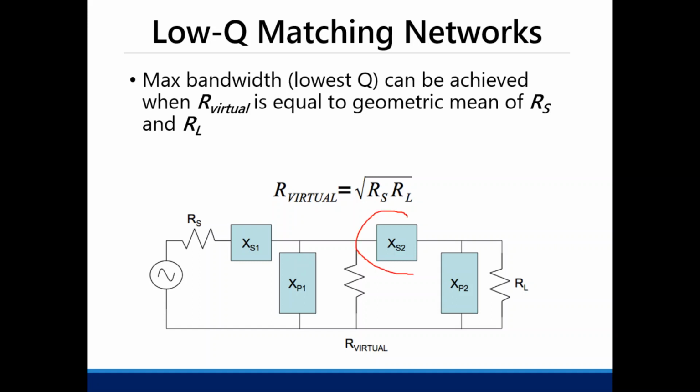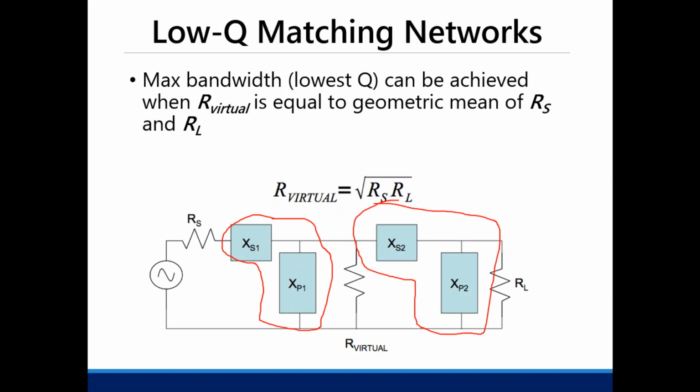Again, because the L network right here restricts the Q of the design of your matching network. So if you create a series of L matching networks right here, you will reduce your Q to the point that you'll have a wide bandwidth application.